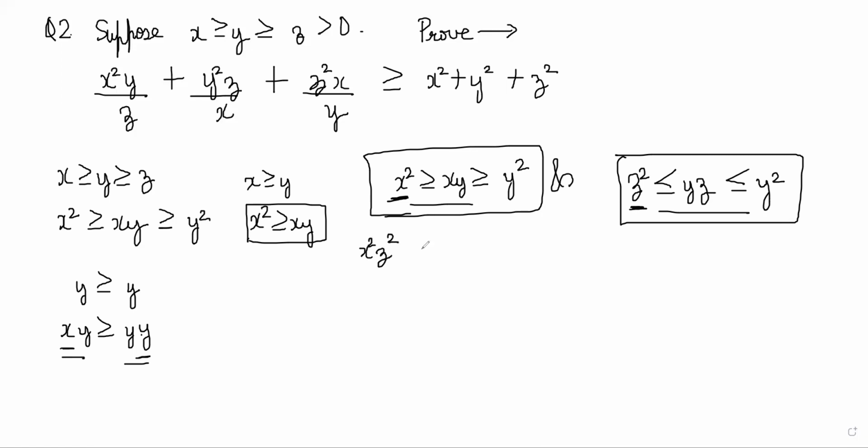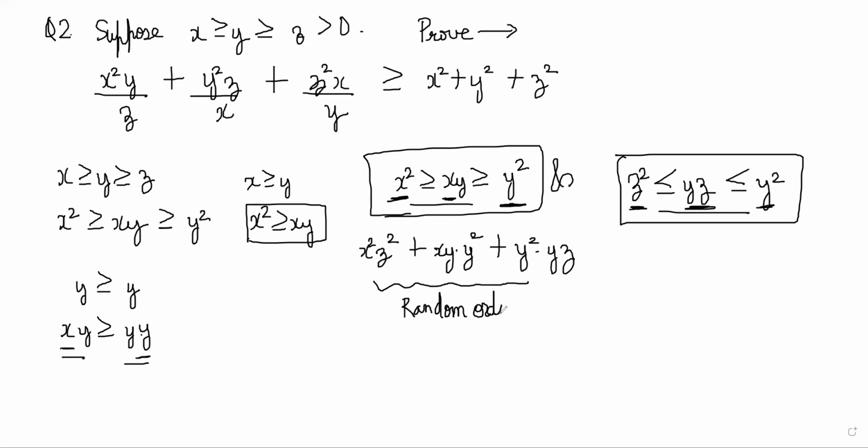So x square z square plus xy into y square plus y square into yz. Actually, right now I have not made the reverse order sum, because I have multiplied y square into yz, the middle term here, and xy into y square, right? So this is not a reverse order sum, this is a random order sum.